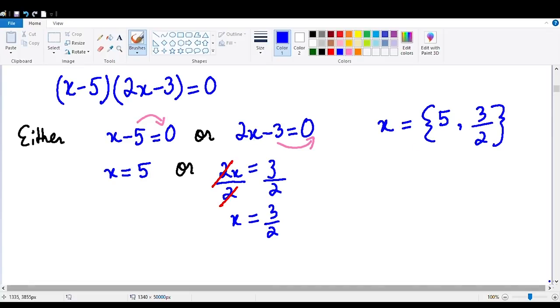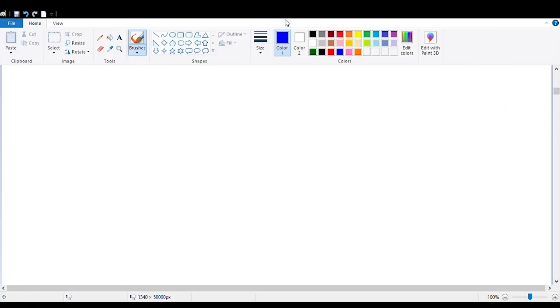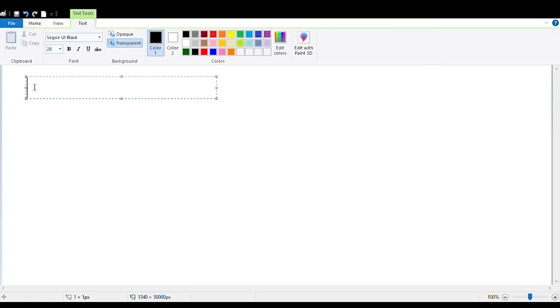So yeah, next let's move on to the next method, the second method. The second method is the completing the square method.